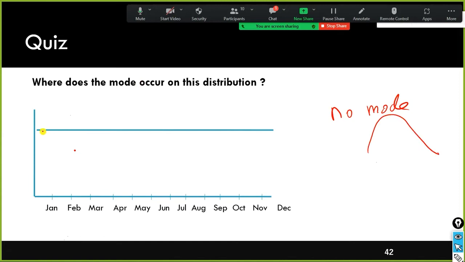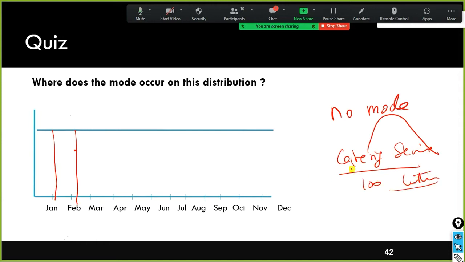So what kind of scenario? Supposing you are running a catering service. Every month you deliver food to 100 customers only. So each month whatever revenue you get, the same thing till the year end you will get.